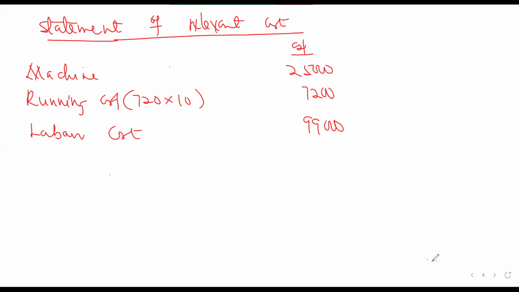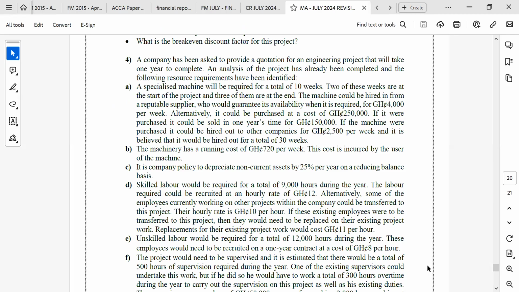Sometimes they will give you, if the people are being transferred, there will be an opportunity loss of something. So you also have to use the opportunity cost and the amount that you are currently paying them, if you are moving them without replacement. With replacement, there will not be any contribution loss, because the work they are doing, someone will come and do it.